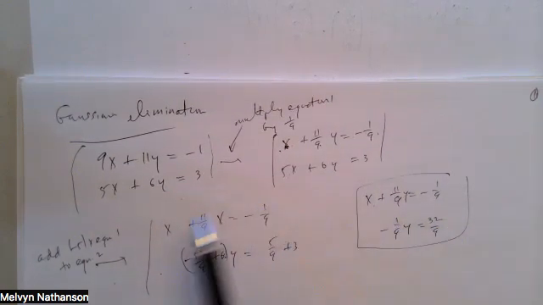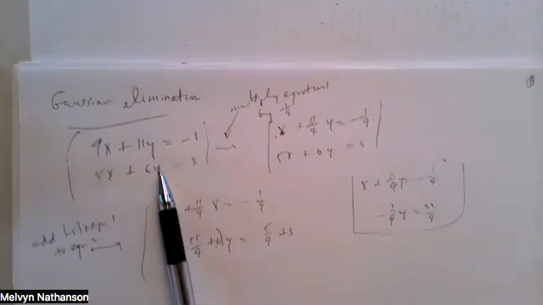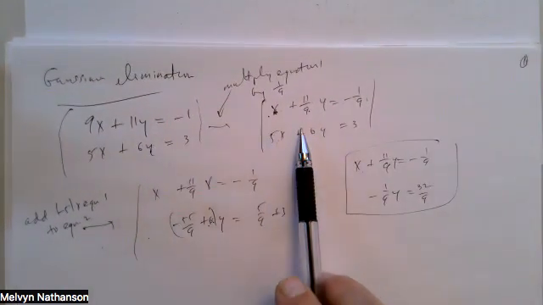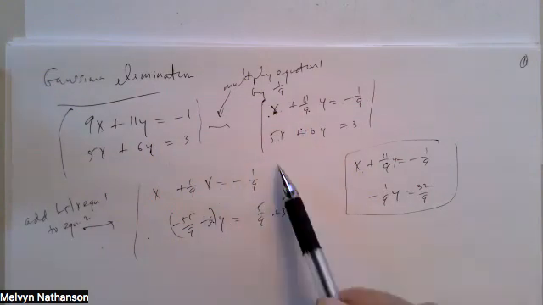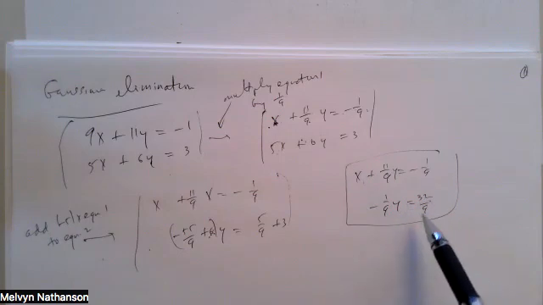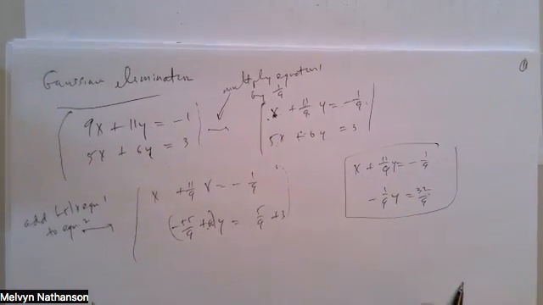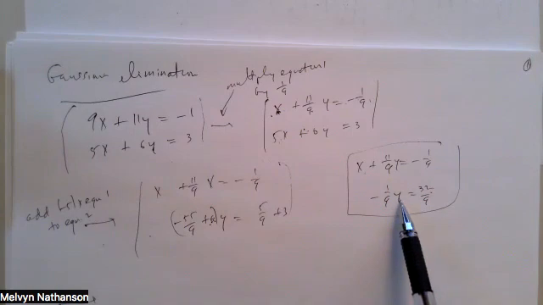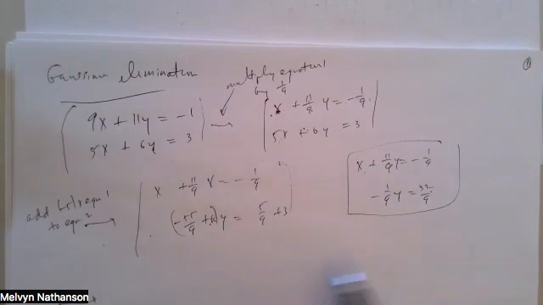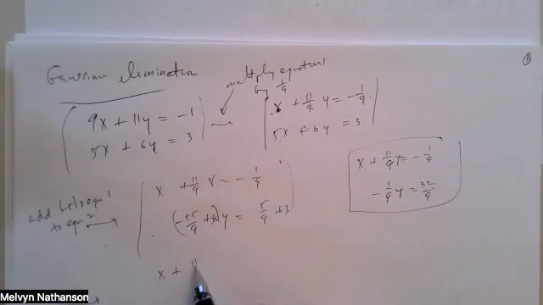Okay. So here's my original system of equations. I performed one elementary operation to get this system. I applied a second elementary operation to get this system. I can multiply an equation by a non-zero scalar. I want to have the coefficient of y equal to 1, so I want to multiply the second row by minus 9. So the first row is still x plus 11 over 9y equals minus 1 over 9.